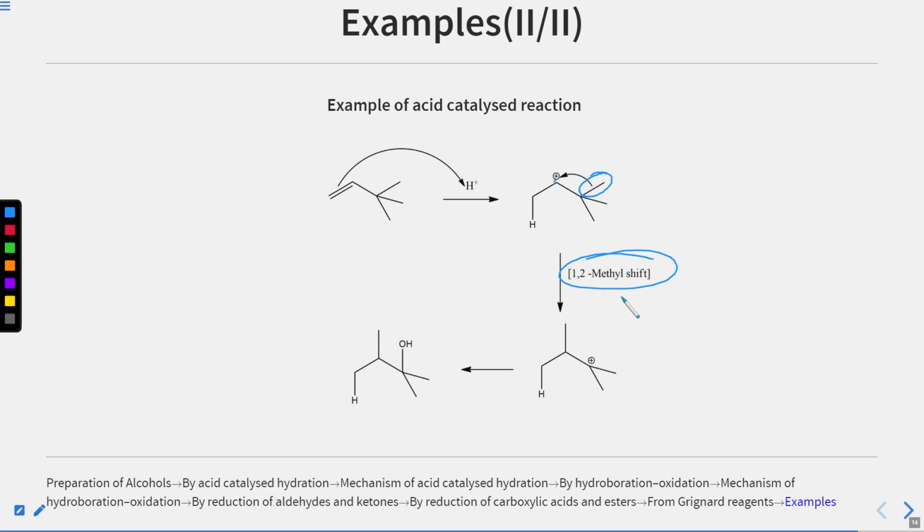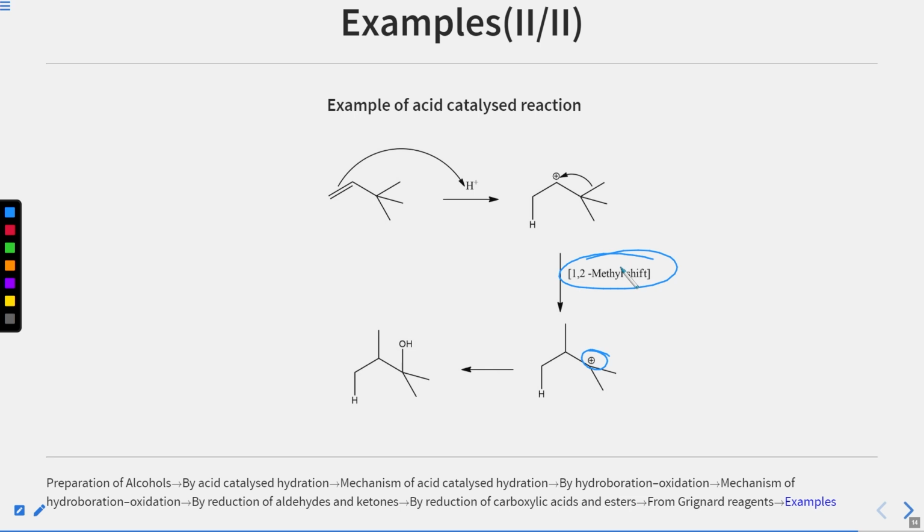So there will be a rearrangement. The methyl will move from here and will be attached here. Now since methyl takes the electron pair along with it, we will again get a positive charge here. This carbocation is a tertiary carbocation. So this is the driving factor behind the movement of this methyl from here to here.